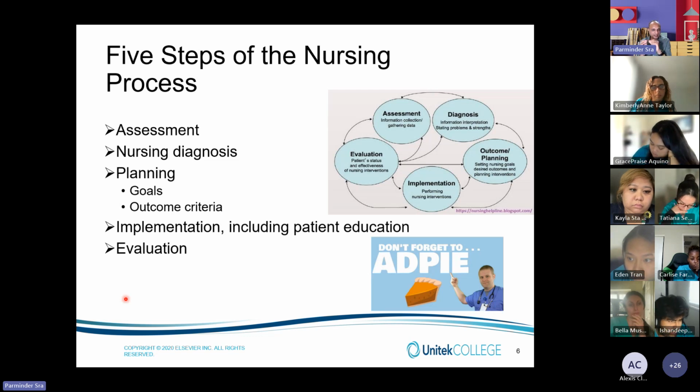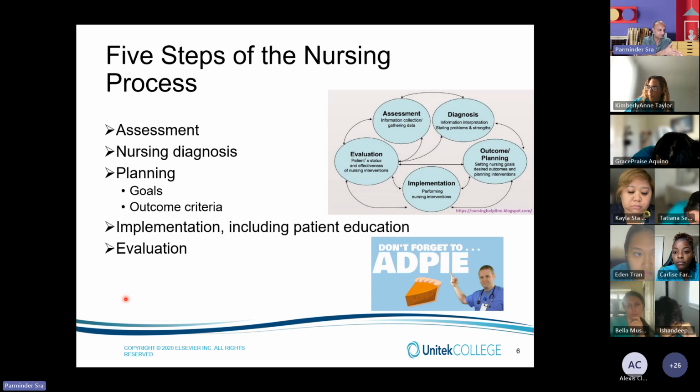And it's a human needs statement where you collect the data and assess your patient and try to identify what the human needs, what your patient needs, because that is the one thing which you need to focus on when you're developing the nursing care plan. It has to be patient-centered based on what the patient needs.